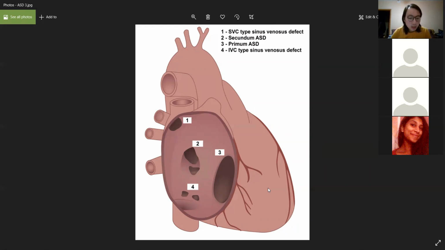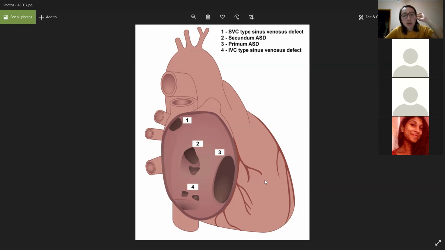Anyway, with that said, those are the two main ones that USMLE and MRCP talk about. The other three: the third and the fourth type are in reference to the vena cava.